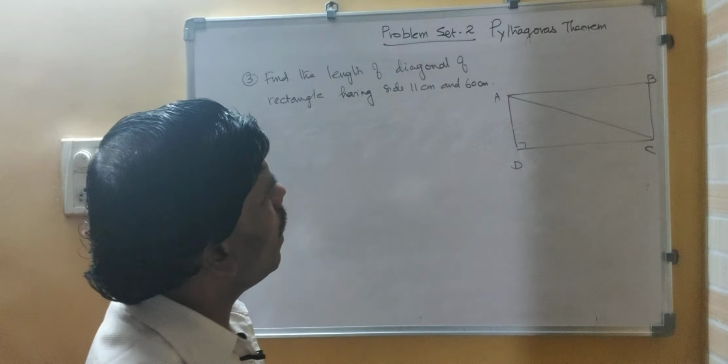So 3721. Therefore, what is AC? Square root of 3721 equal to 61 centimeter. So what is this? 61. Therefore, diagonal of given rectangle is 61 centimeter. It is very simple. Now next one.